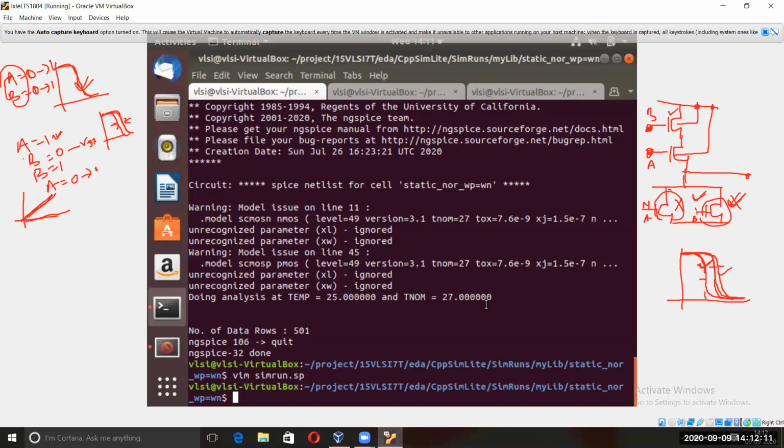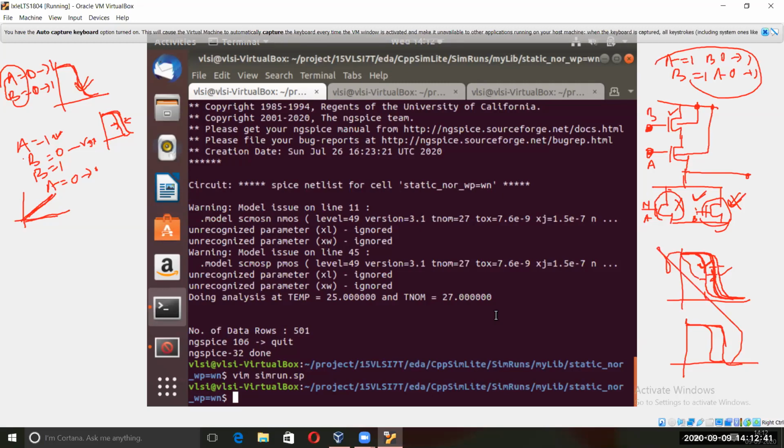So my question is, why in both cases, A equal to 1 with B going from 0 to 1, or B equal to 1 with A going from 0 to 1, why in these two cases will the curve not be the same?